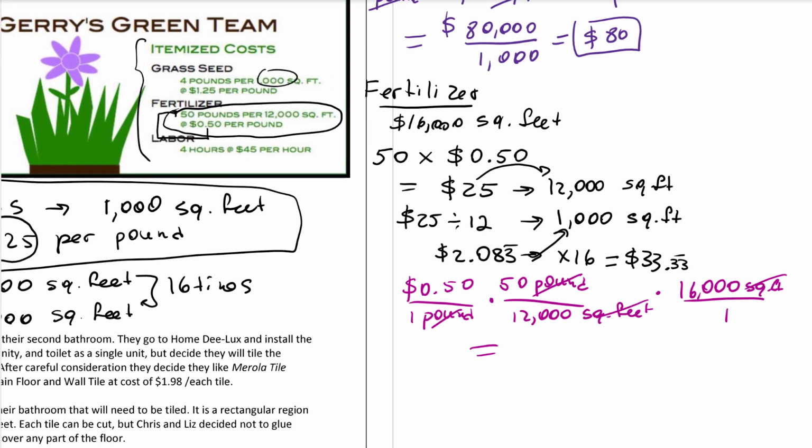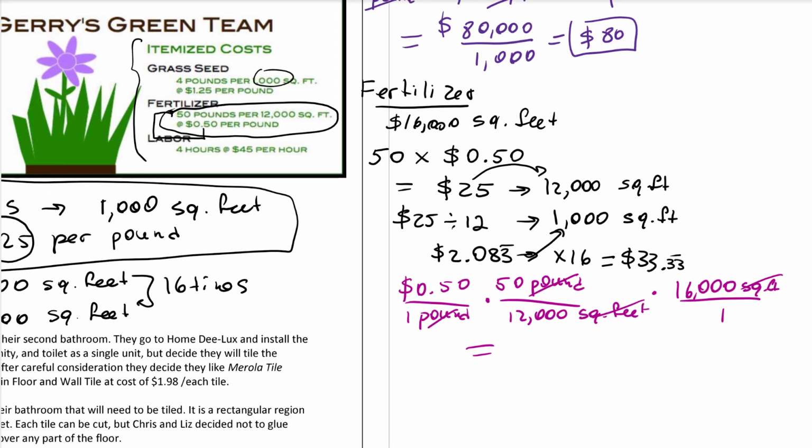So you multiply across: 0.5 times 50 times 16,000 gives a really large number, 400,000, divided by 12,000. Only the dollar unit is left on top. So when you divide by 12,000, you'll get the same answer of $33.33.